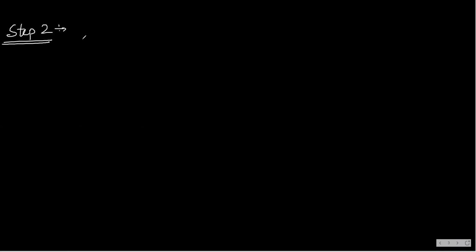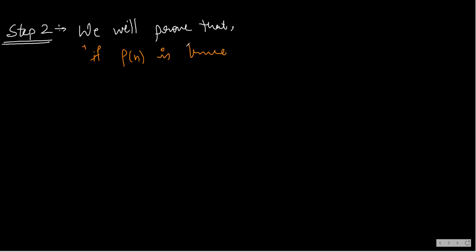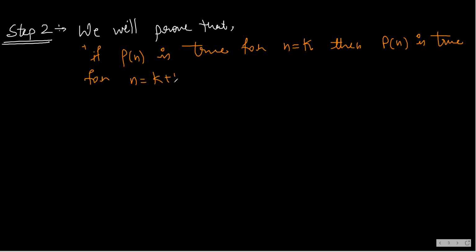What we have to do in step 2 is prove that if P of n is true for n equals k, then P of n is true for n equals k plus 1. This is step 2.